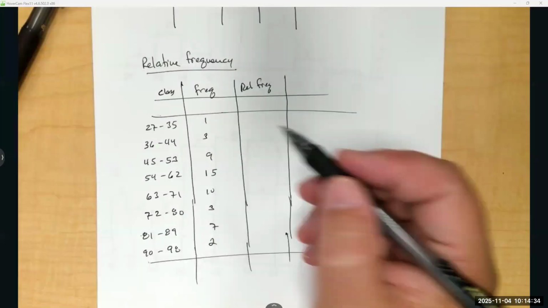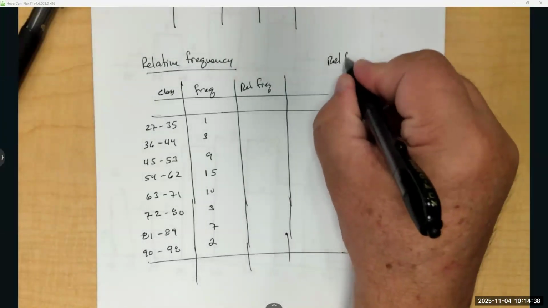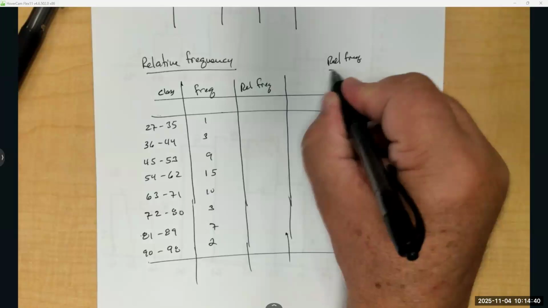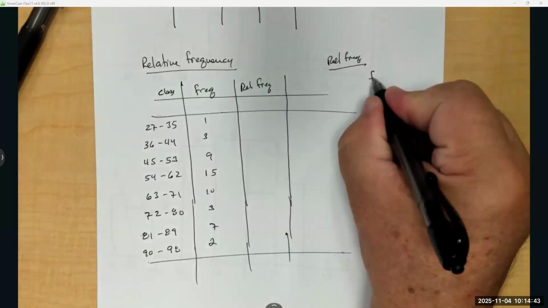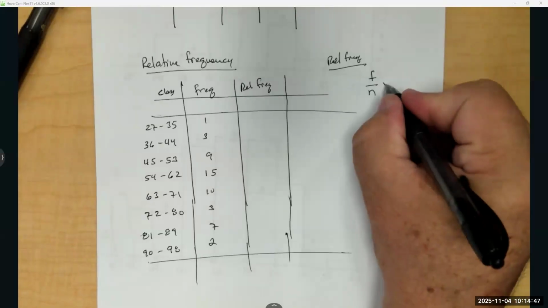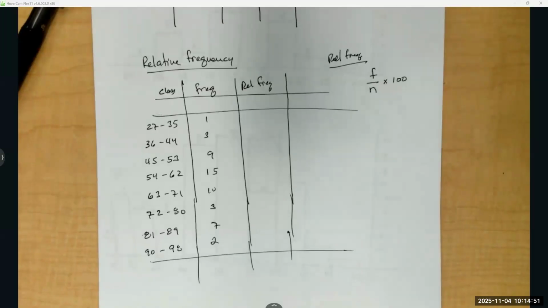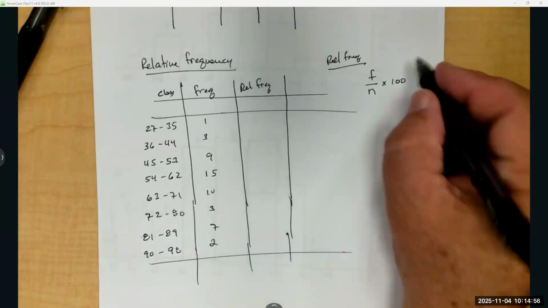The relative frequency is the frequency divided by how many elements you have, times 100. Well, let's hold off on the 100.